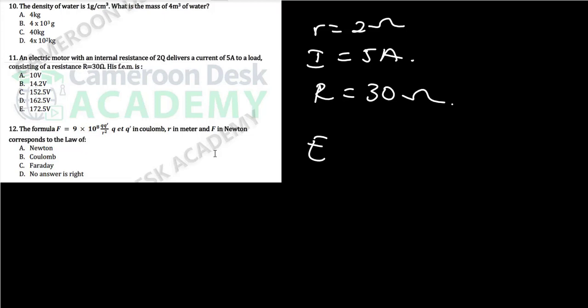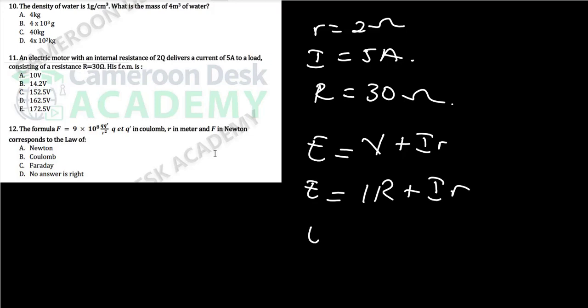So the EMF E, when the electric motor delivers current, will be equal to V plus Ir, where small r is the internal resistance, and V can be gotten from Ohm's law, which is IR. So E equals IR plus Ir. This expression can be simplified as I into R plus small r.